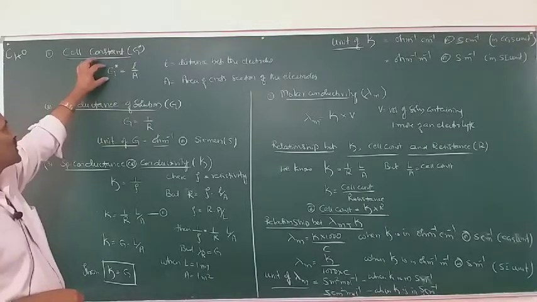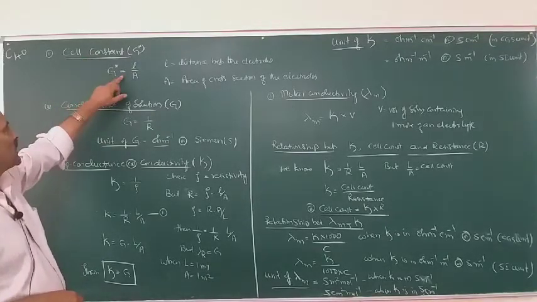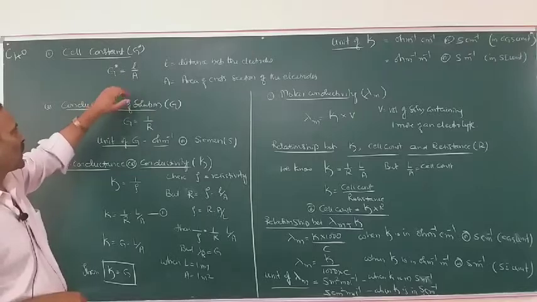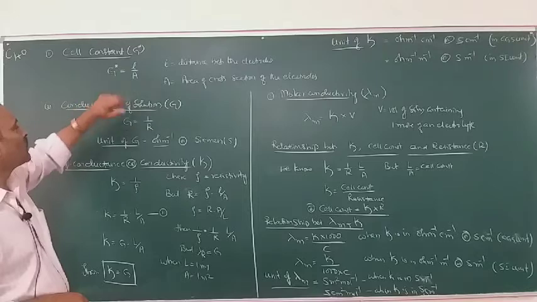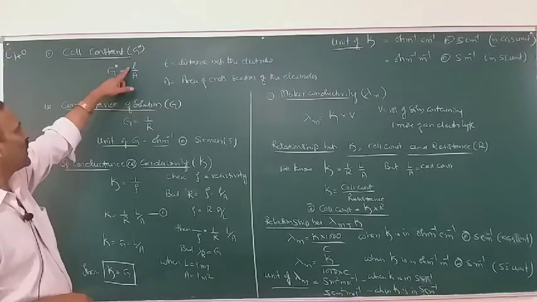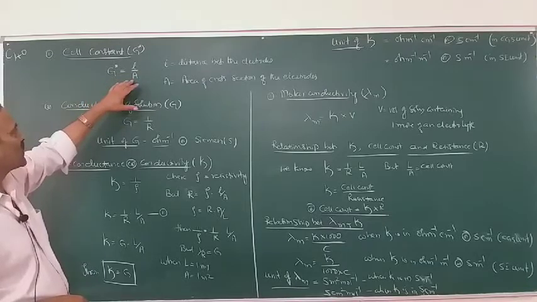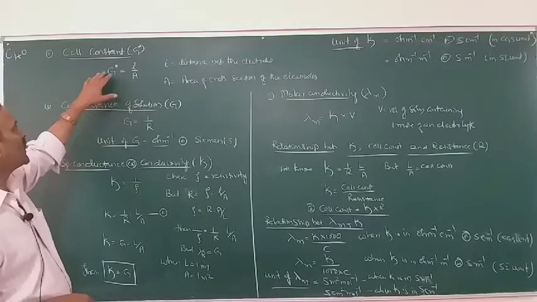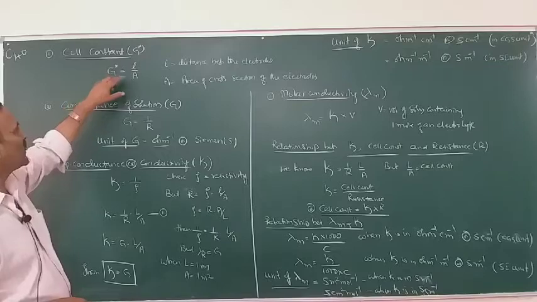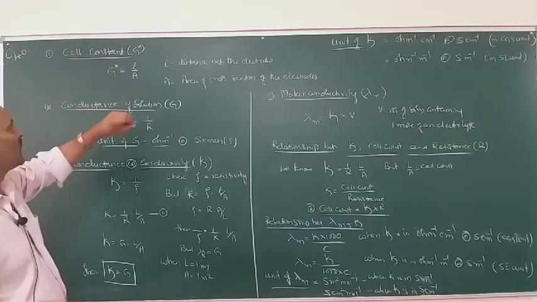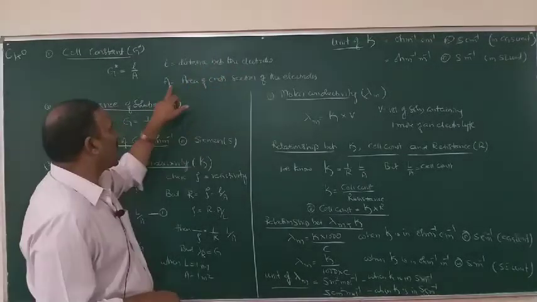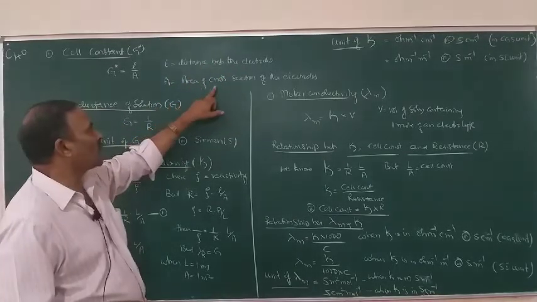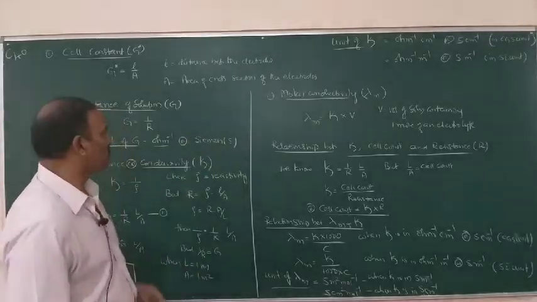So, cell constant G star is equal to L by A. It is the ratio of the distance between the two electrodes and the area of cross section of the electrodes, where L is the distance between the electrodes and A is the area of cross section of the electrodes.